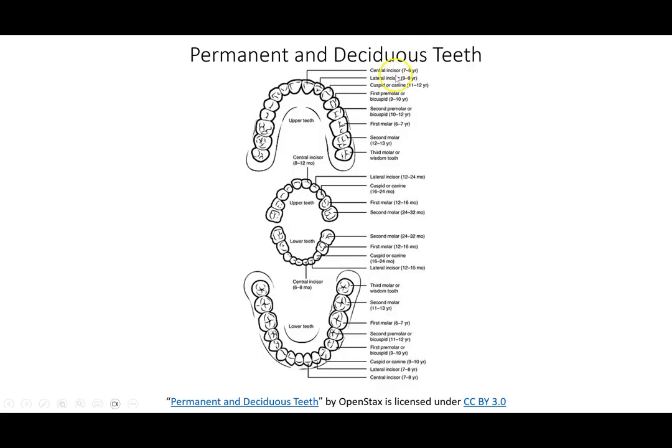So you can see over here in this graphic the different age ranges that we can expect to be replacing those particular teeth. The deciduous teeth, or baby teeth, first start appearing usually around 6 months of age, and then between ages 6 and 12, they slowly get replaced by the 32 permanent teeth.